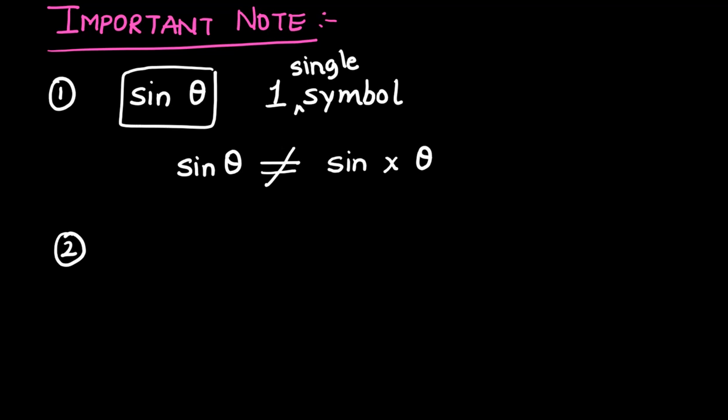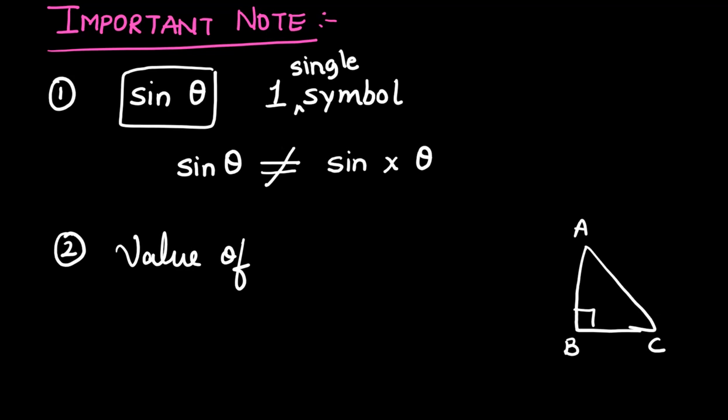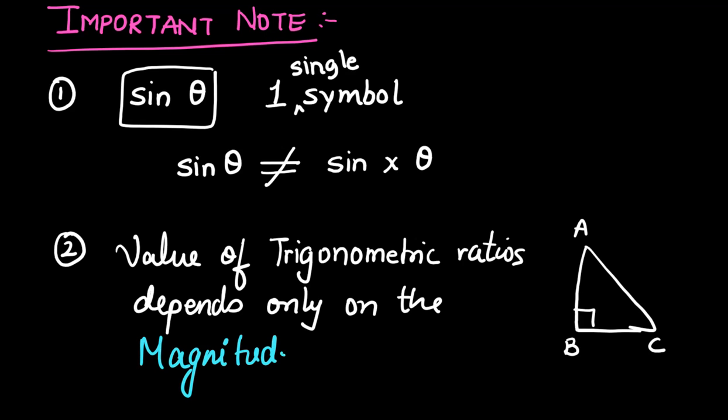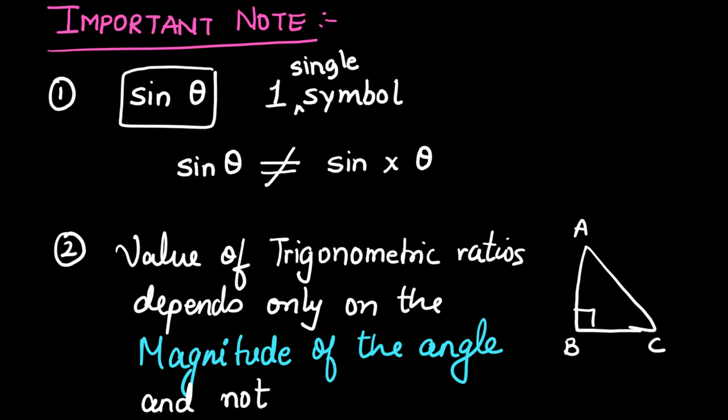That means, for example, if I draw a right angle triangle, A, B, C, the value of the trigonometric ratio depends only on the magnitude of the angle and not on the length of any side.